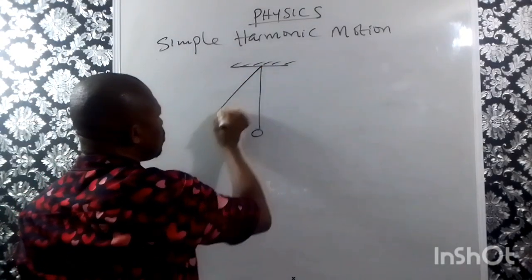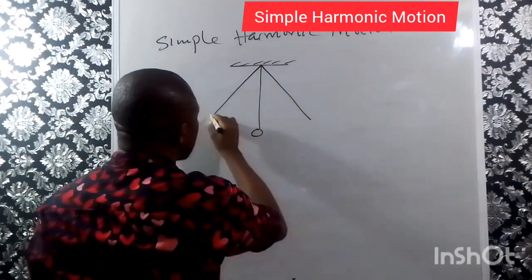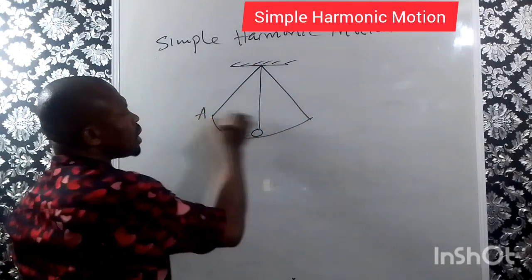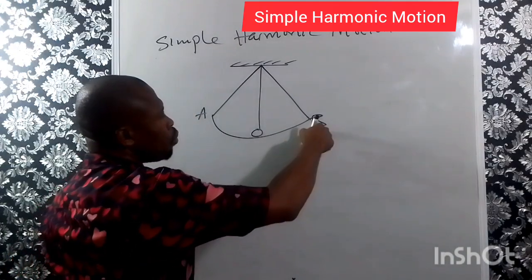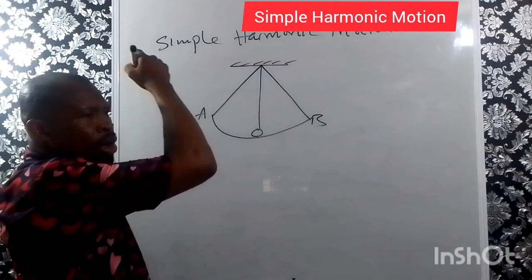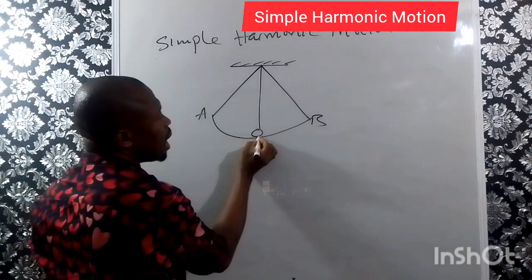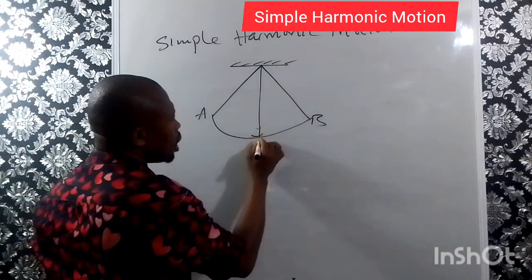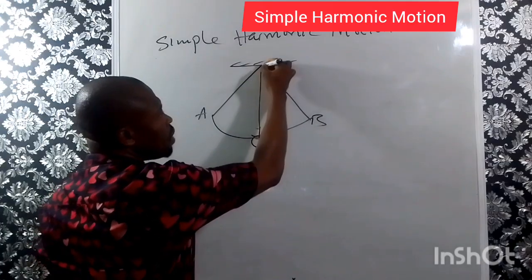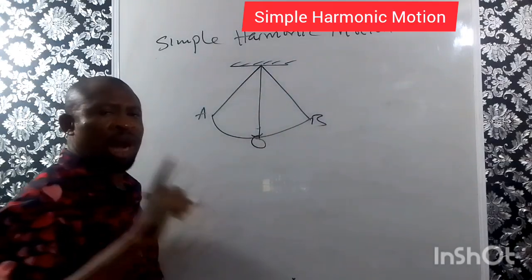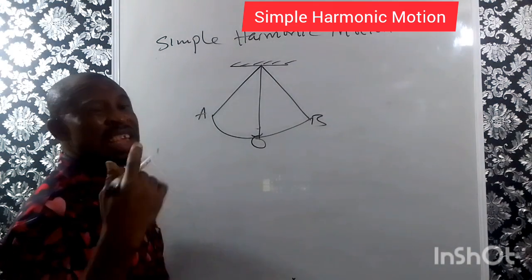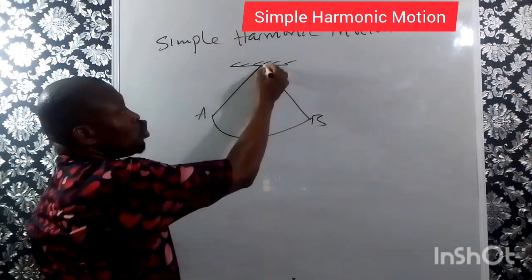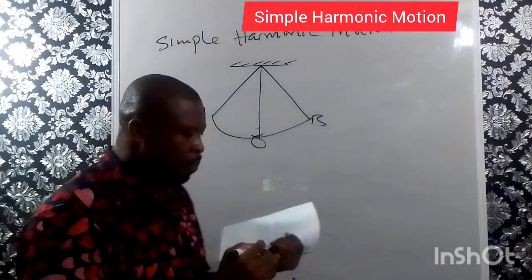If it moves from point A to point B and then comes back, its acceleration is directed towards a fixed point. So it is fixed. That means a body is said to undergo simple harmonic motion if its acceleration is directed towards this fixed point.